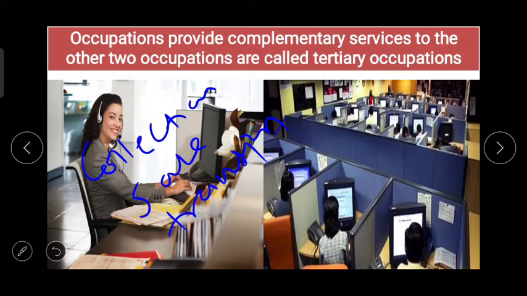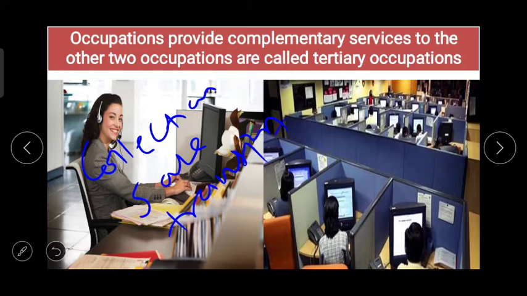Collection and sale of milk, transport of milk and sale of milk products respectively. All these activities are related to the products of primary and secondary occupations, and many a times these occupations provide complementary services to the other two occupations. In primary occupations we have milk. Try to understand this. In secondary occupations we have srikhand, ghee, butter, cheese. Now the next thing is what?